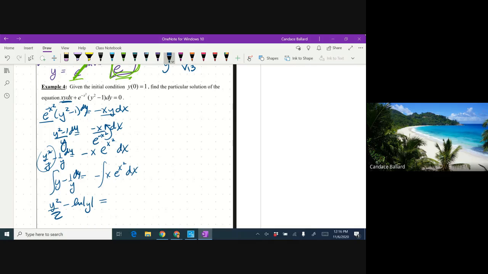What do you think, how do I integrate this x e to the x squared? Remember the first place you go. It's the first thing I should check. Okay, I like that we all tried to go to parts because you guys are kind of right.